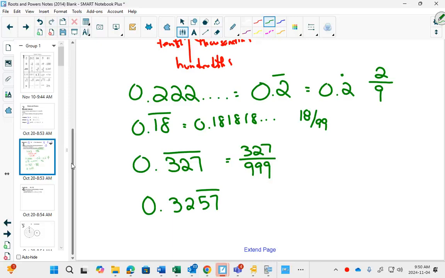Well, I know that 57 over 99 is 0.57 repeated, right? So how can I move that 57 2 decimal places over? Well, if I divide it by 10, I'd move it once. If I divide it by 100, I'd move it twice.